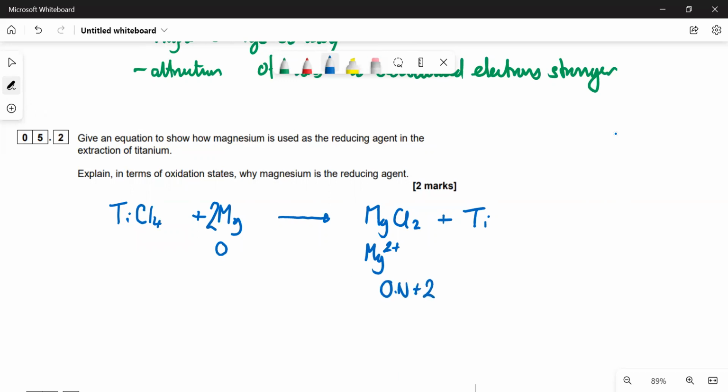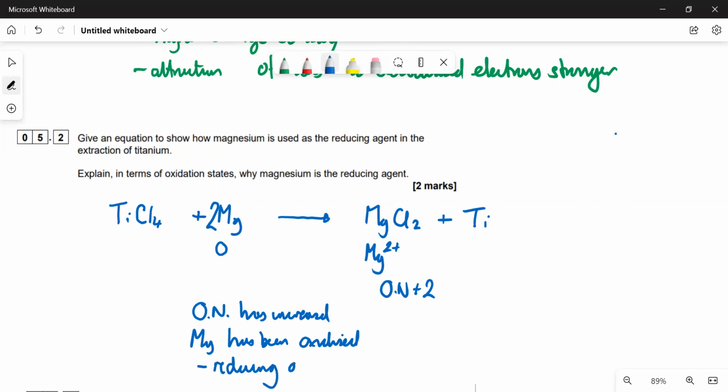So its oxidation number has increased, so the magnesium has been oxidized. Now that means it must be the reducing agent. Oxidizing agents get reduced when they react.